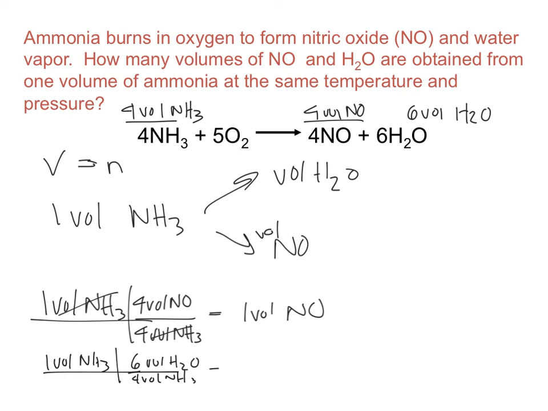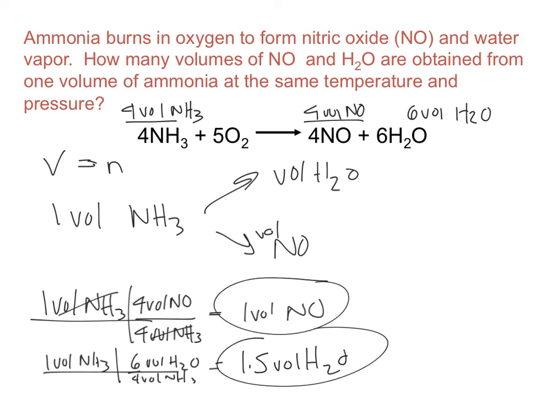Right, so we have that relationship. Okay, so that 6 to 4 relationship times 1 is going to give us 1.5 volumes of H2O. Okay, so our volume of NH3 cancels, and that gives us our corresponding values.